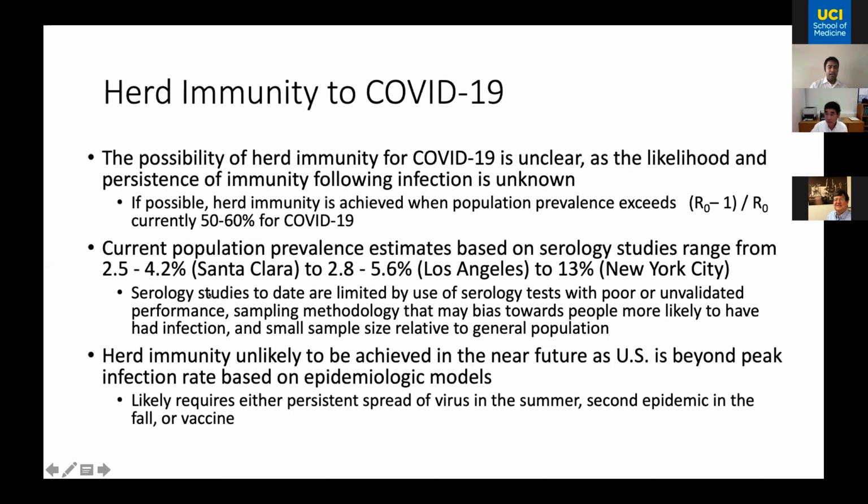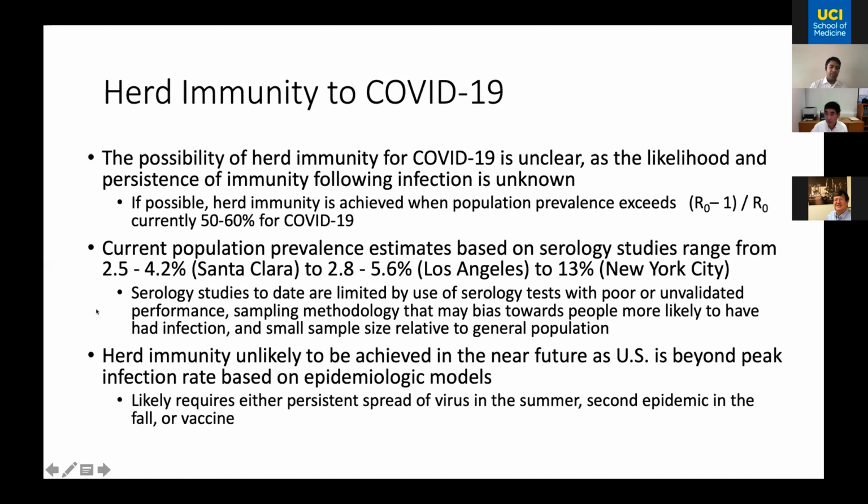And currently, the seroprevalence estimates in the studies that have been done vary from about 2.5 to 4.2% in Santa Clara, up to 13% in New York State. Actually, New York City itself, I believe, was a little bit higher, like 20%. So even the places like New York that are the most affected haven't reached this number. Nowhere in the world, as far as I know, has reached that number. Maybe Wuhan, actually, may be the only place.